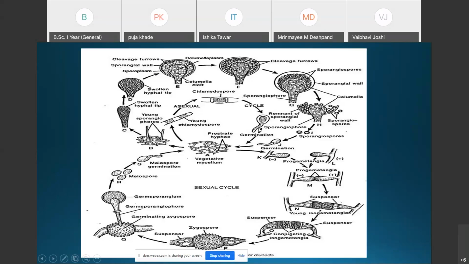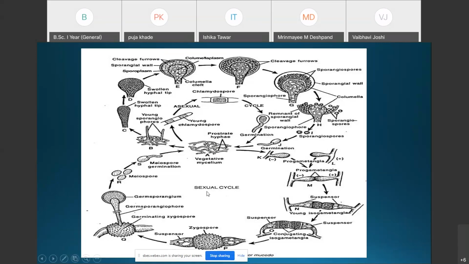Whenever conditions are favorable, they form the germ tube, and after germination they develop into the new mycelium of Mucor. This cycle represents asexual reproduction by the formation of sporangiospores, and this one represents asexual reproduction by the formation of chlamydospores.